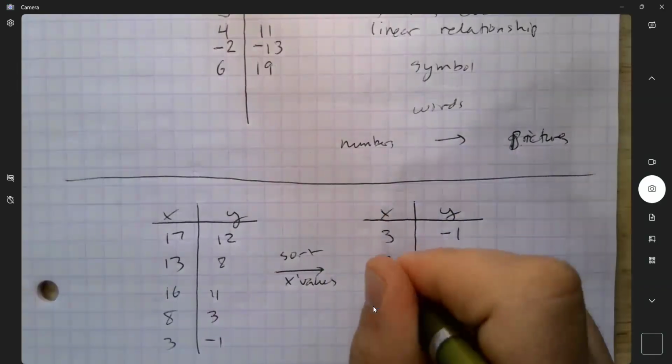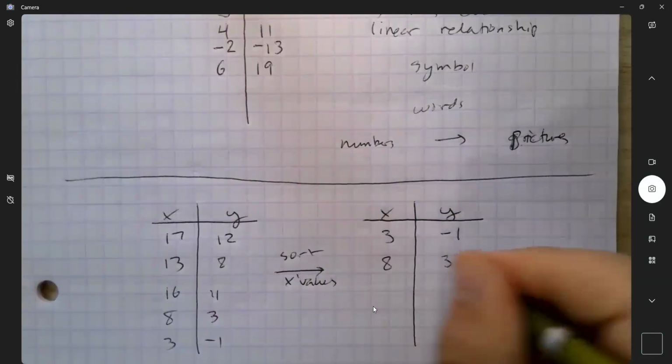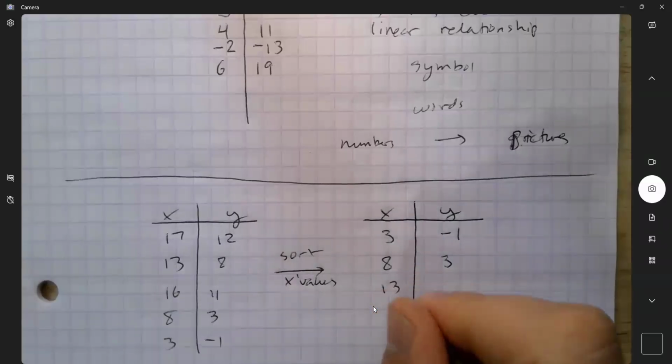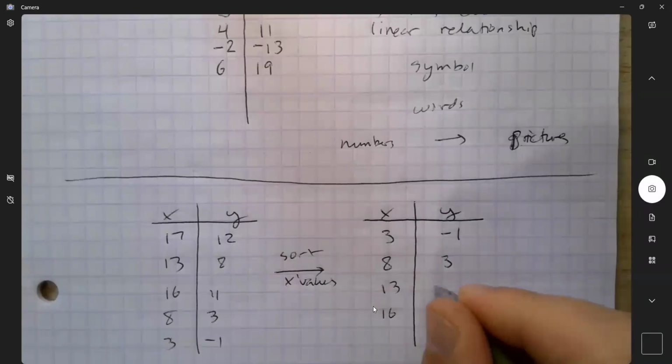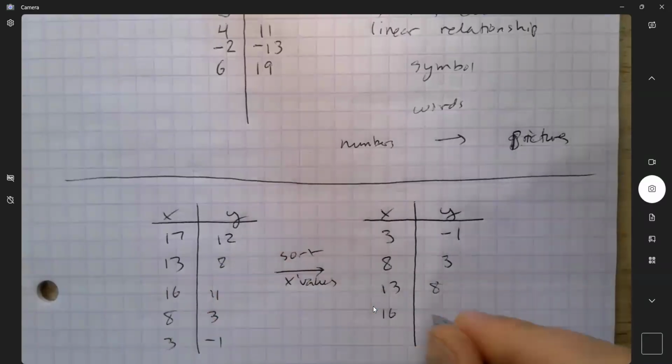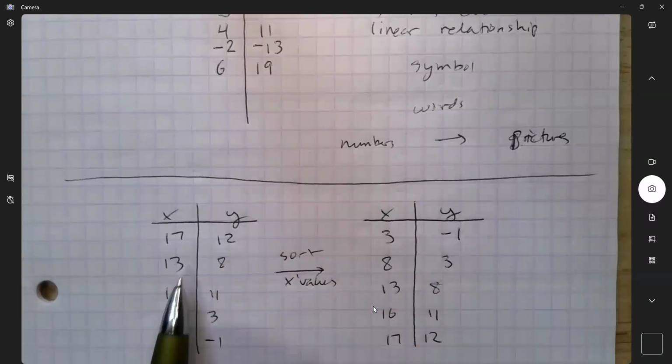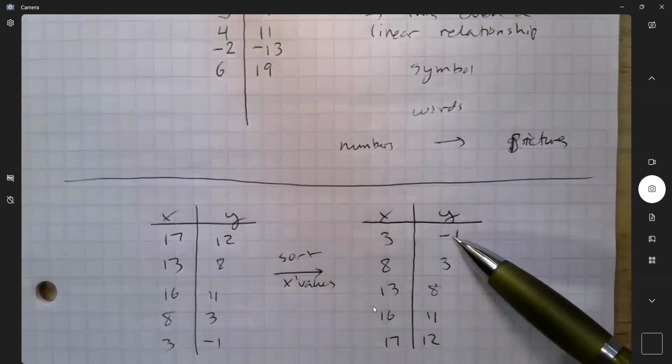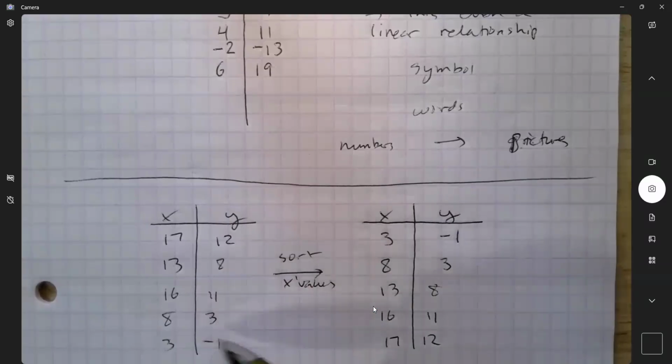And the way I can make it the easiest is if I sort it from smallest to largest. 3 comes first, then 8, then 13, then 16, and 17. And notice when I'm sorting, 3 and -1, they move together. So it's still X equals 3 and Y equals -1. I move that whole ordered pair up there together.